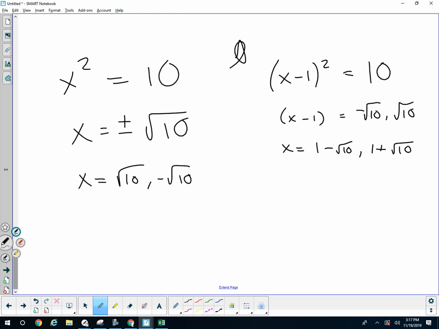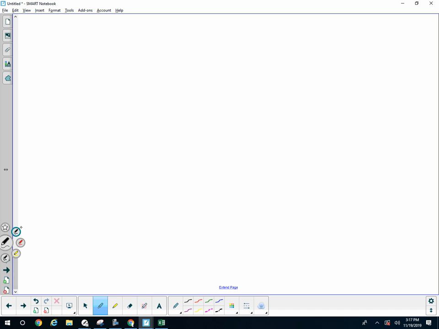Okay, so let's practice putting things in this form if we don't end up with a whole number. Here we go. (x minus 3) squared equals 8.